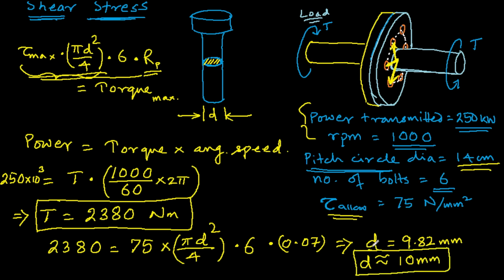So that's how you should calculate. That was an easy problem, but you should think how to convert this power at a given rpm into the torque, and that torque is getting transferred by all the 6 bolts. Each bolt has a cross-sectional area which is responsible for taking this. So that's how you solve it.